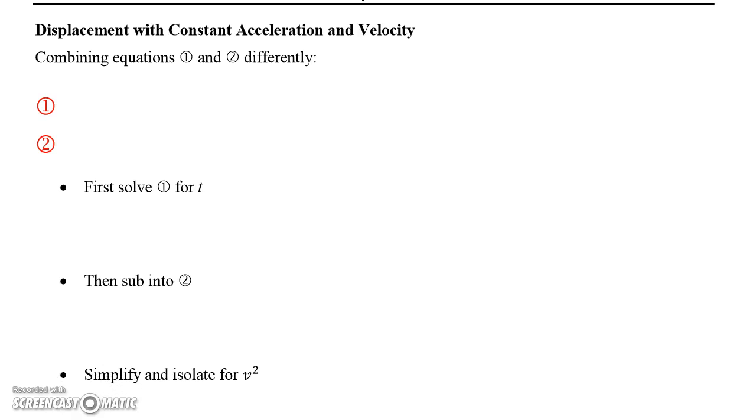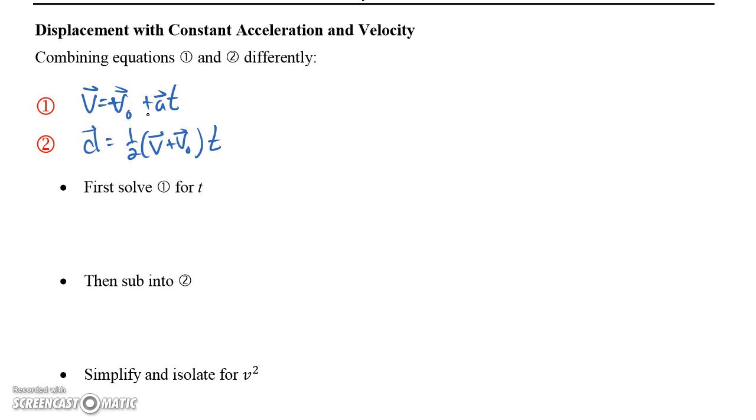Now, I said there's 4 equations. Now, let's come up with the 4th one. Again, we're going to start with our original 2. v equals v naught plus at, and d equals 1/2 (v plus v naught) times t.